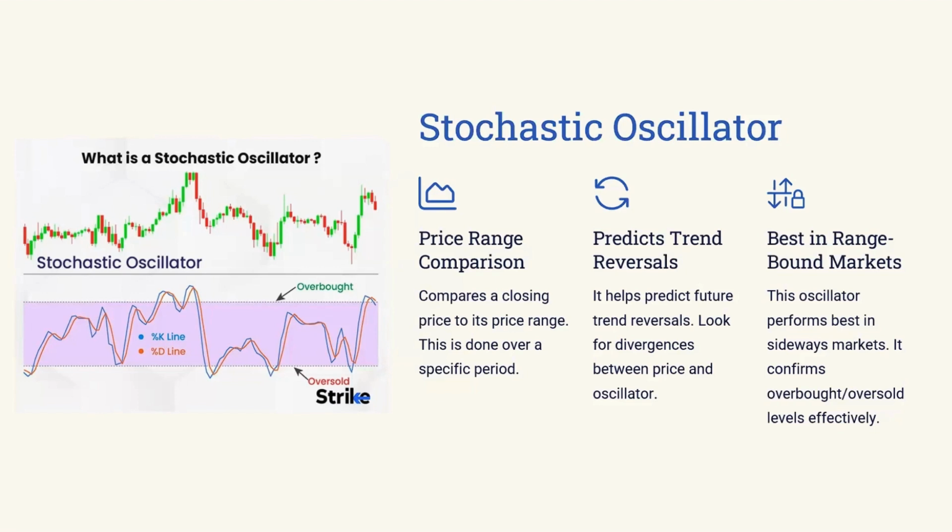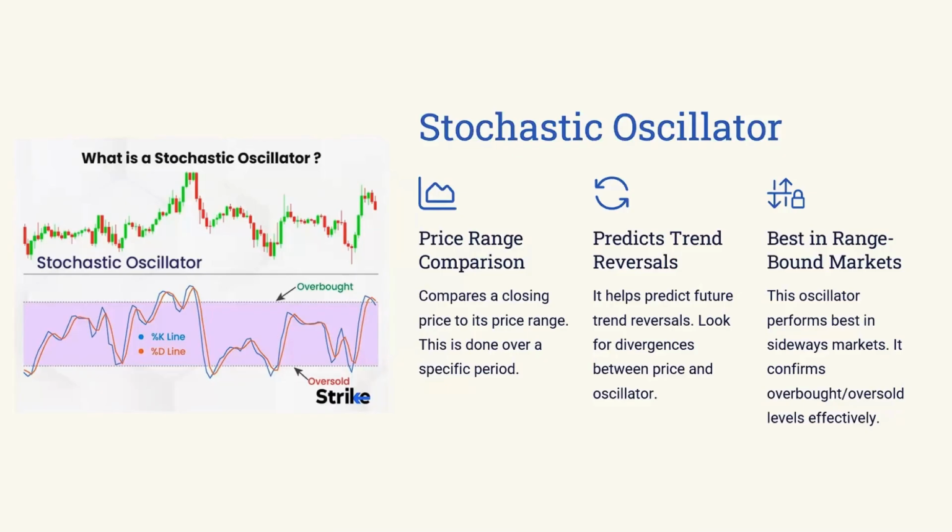Its fundamental premise is that in an uptrend, prices tend to close near their high, and in a downtrend, prices tend to close near their low. By measuring the location of the closing price relative to its high-low range, the indicator helps identify overbought and oversold conditions and, crucially, predicts potential trend reversals.